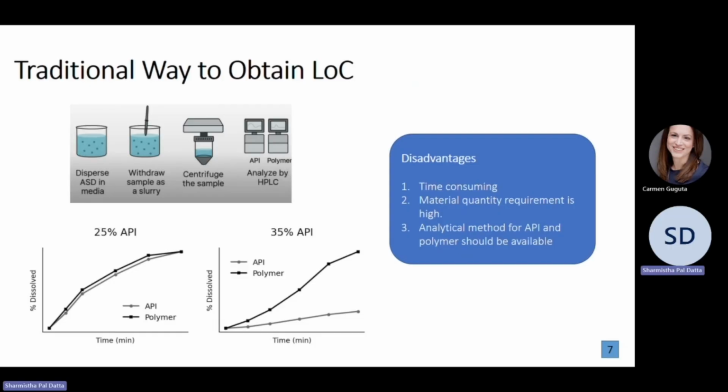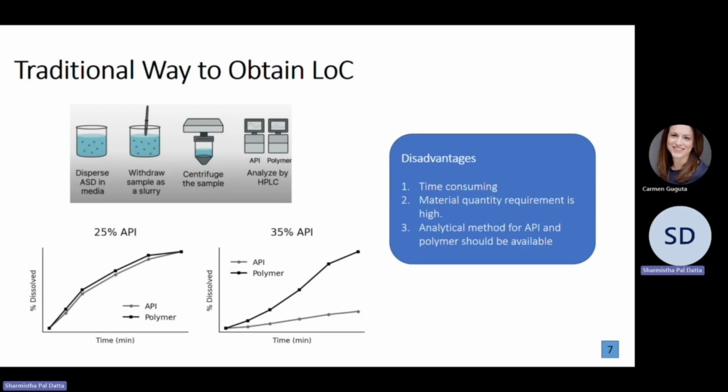You can see the proportional dissolution on the left panel, and on the right panel, it's a disproportionate release, where the API dissolves faster than the polymer. So this identifies the polymer concentration where this happens.